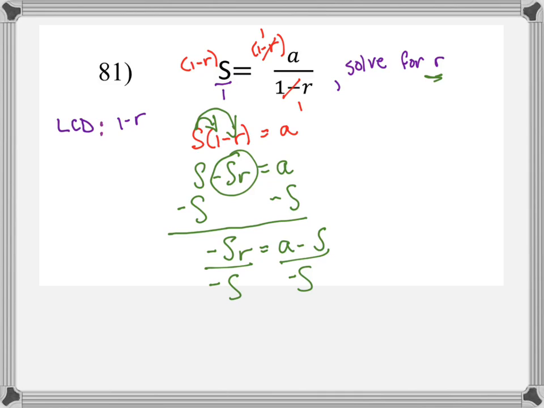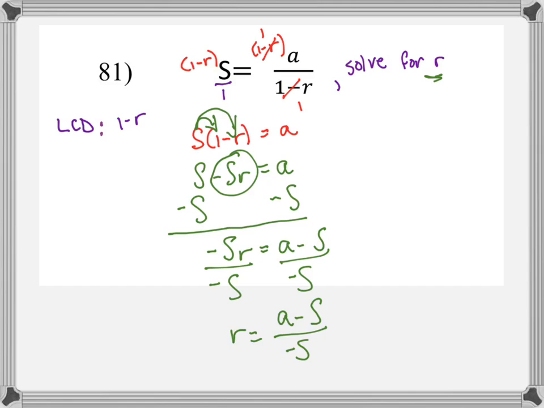So on the left-hand side, the negative s's cancel, and we're left with r. On the right-hand side, a minus s over negative s is technically a correct answer, but often you'll see it written in other forms because having that negative in the denominator is not necessarily common practice.